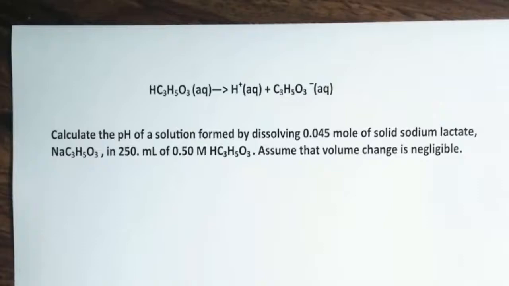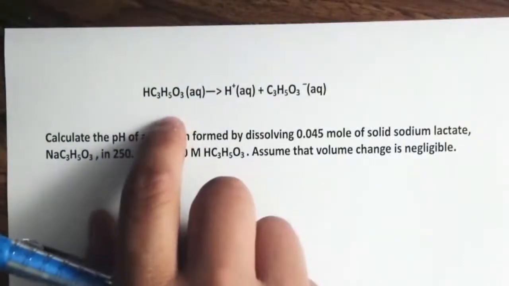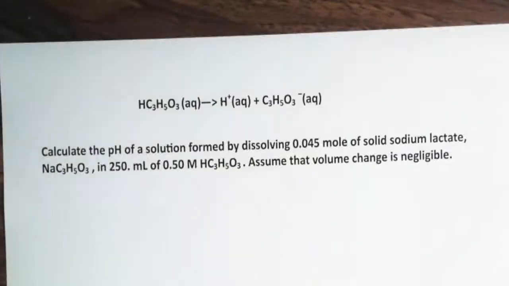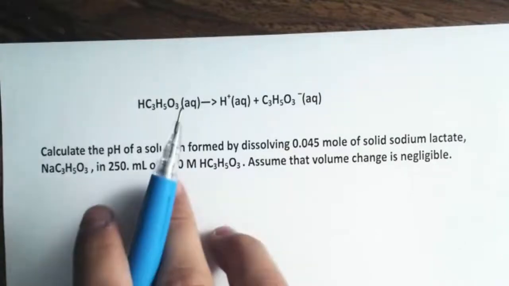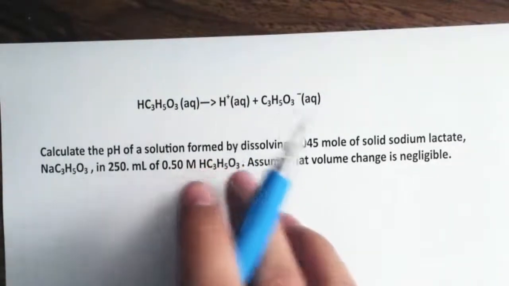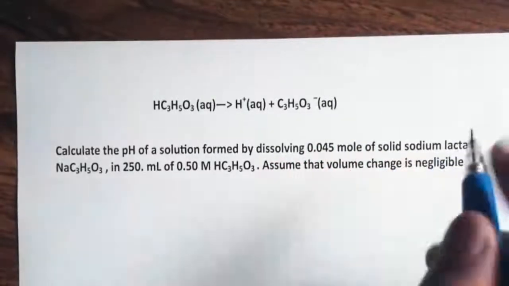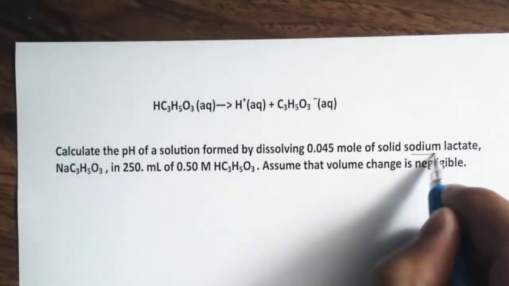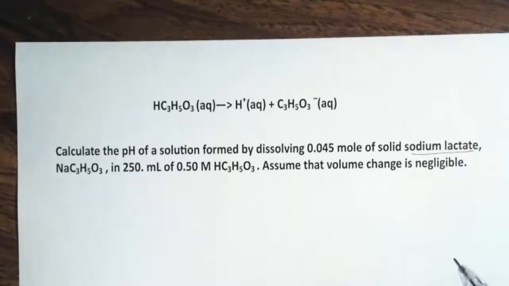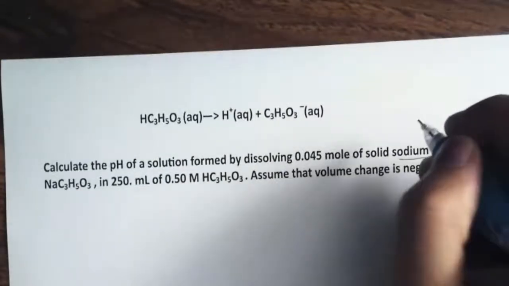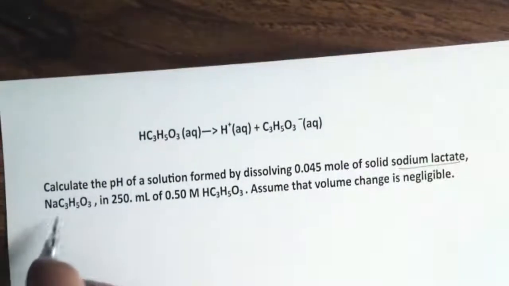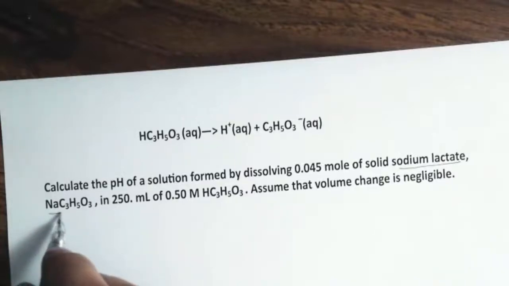Another type of problem that we can get from this type of chemical reaction is this. We can calculate the pH of a solution formed by dissolving 0.045 moles of solid sodium lactate. That's very important because it gives us the chemical formula of sodium lactate.